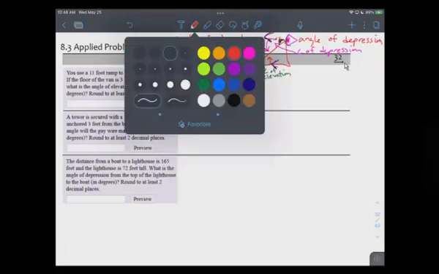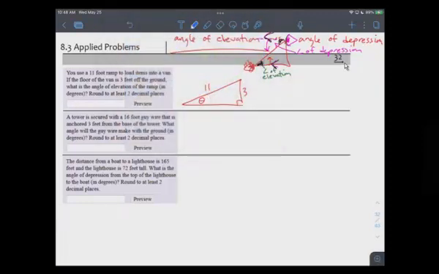Okay, so the first step in solving these is to accurately sketch the right triangle that corresponds to the information provided. Once you sketch the right triangle, you're going to set up a trig ratio based on the given information.